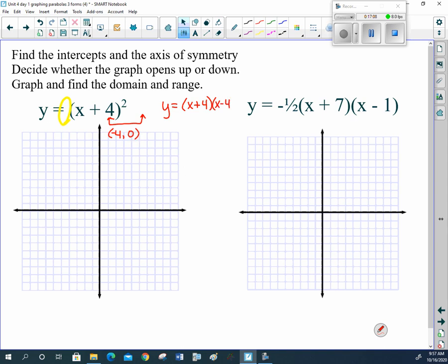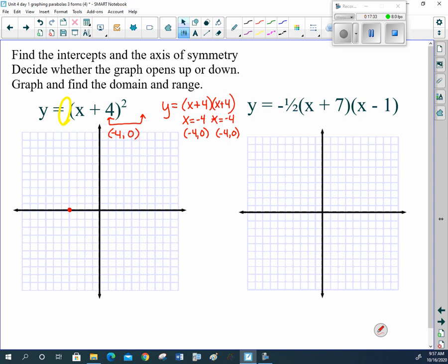See how the parentheses are the same? So we'd end up with x equals negative 4 for this parenthesis, and x equals negative 4 for this parenthesis. So it's telling you your x-intercept is at negative 4, 0, which happens to be the vertex. So this parabola is actually sitting right there on the x-axis.